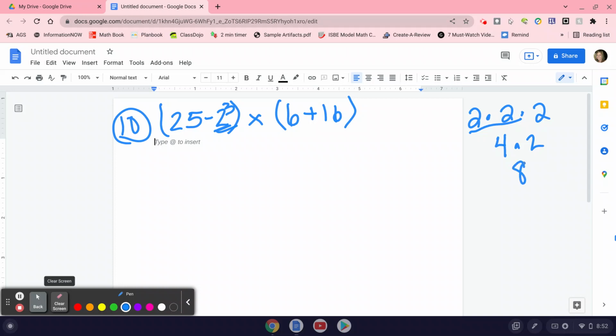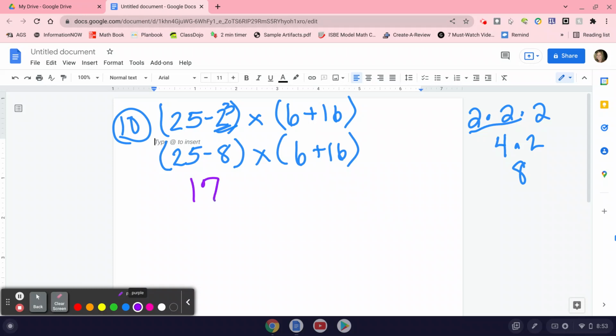So I still have parentheses, 25 minus 8 times parentheses, 6 plus 16. Bryson, what do I do next? 25 minus 8. What's 25 minus 8? 17. Let's go ahead and do these two together. What's 6 plus 16?